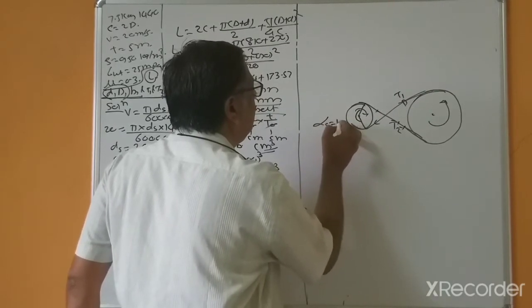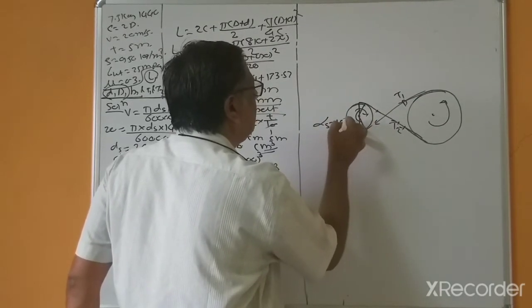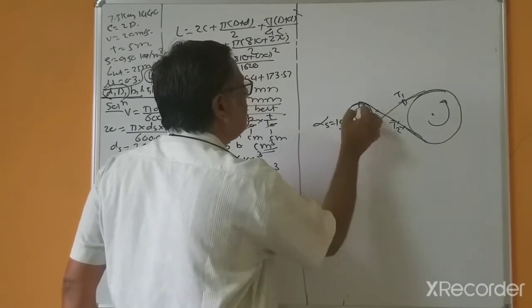Alpha s equal to 180 plus 2 sine inverse.